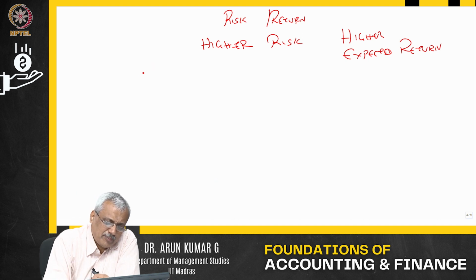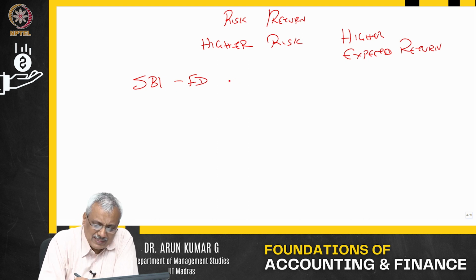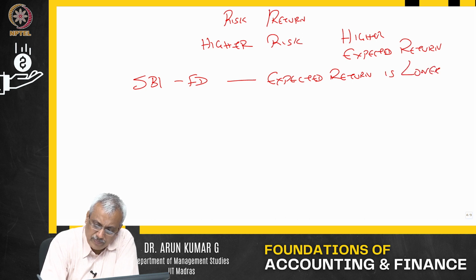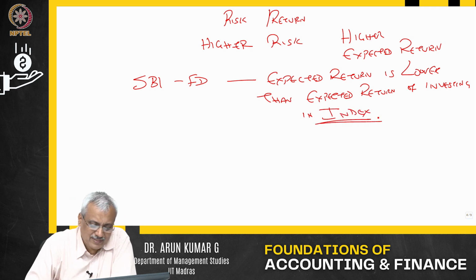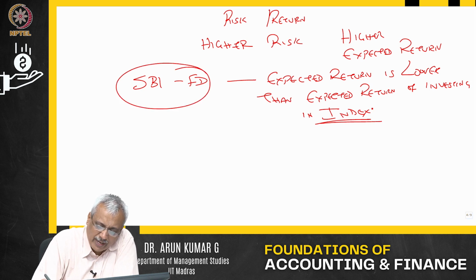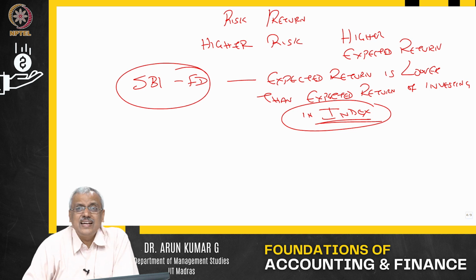So if I say my investment is in an SBI FD, then the expected return is lower than the expected return of investing even in index stocks, in the index. Obviously, because the relative risk here is far lower than investing in the index.